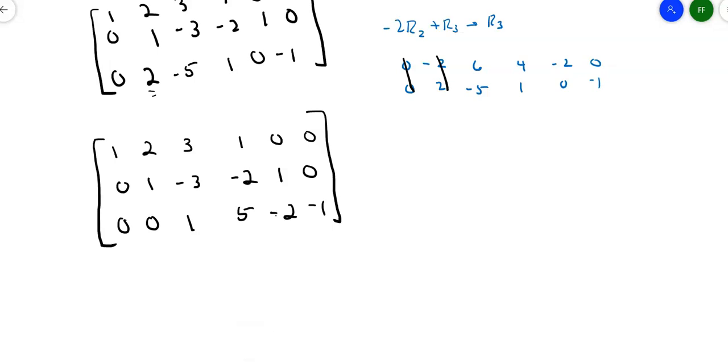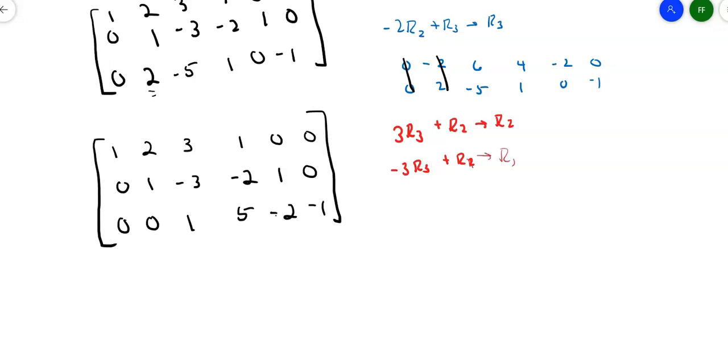Let's take 3 times row 3 plus row 2. Answer goes in row 2. And then let's take negative 3 row 3 plus, oh, plus row 1. Answer goes in row 1.